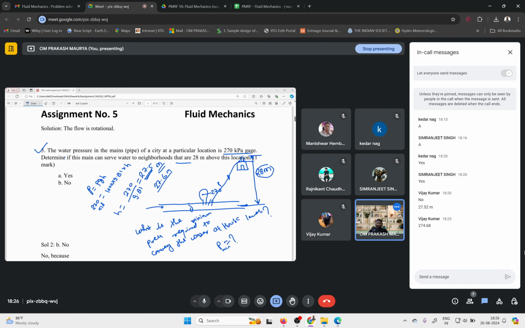If you have any doubt, please ask in the chat box, or you can use your mic also. Other students, please also write your answer. You can also calculate using your mobile if you don't have a calculator.